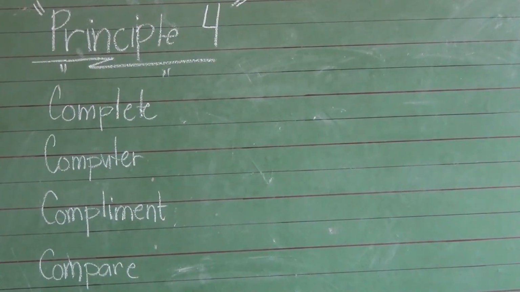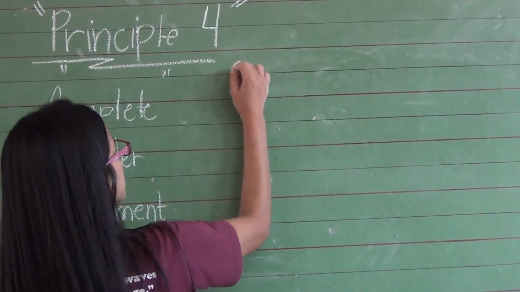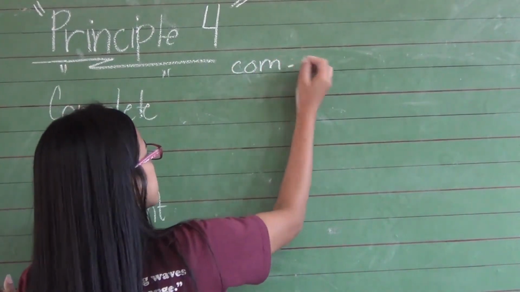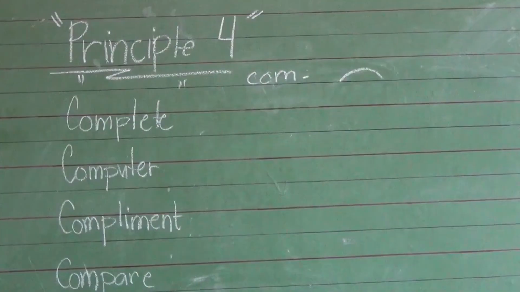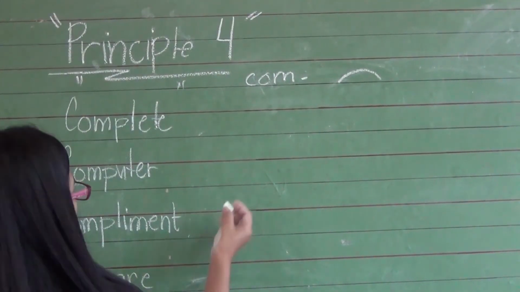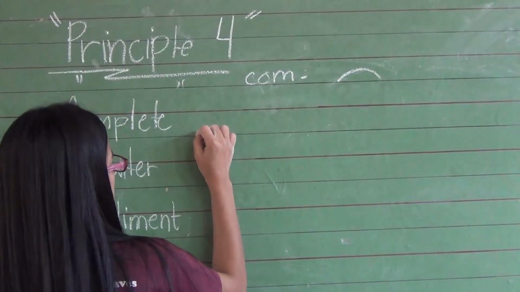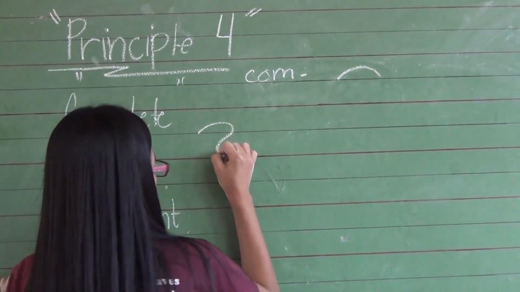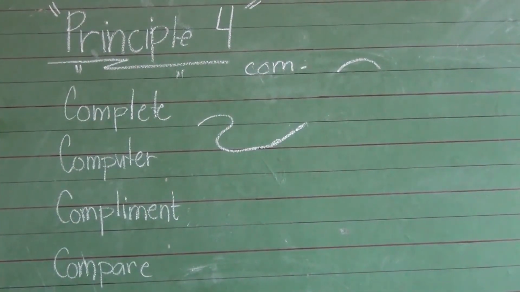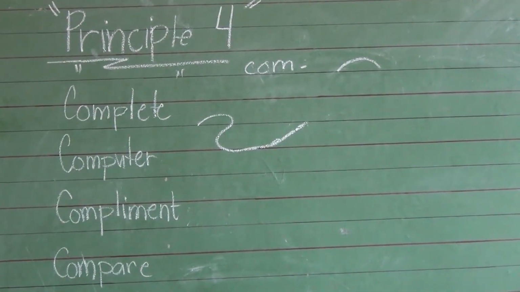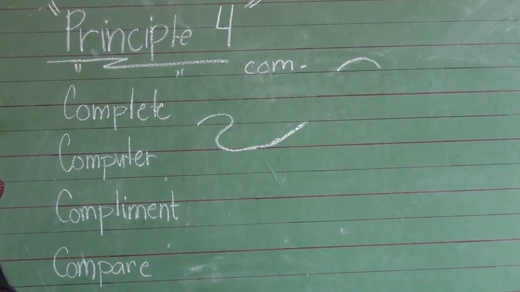In principle number 4, the word beginning com is represented by K. Example, complete. It is represented by K, P, L, E, and T stroke. Next, computer.